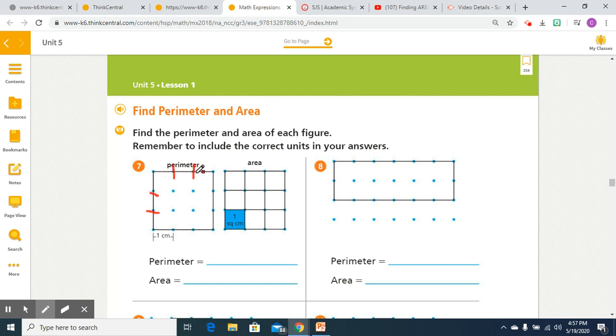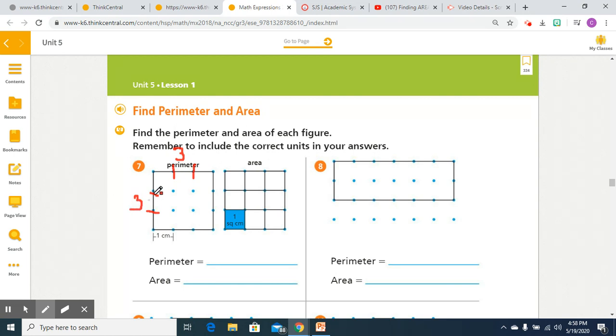So now that I have my tick marks here, I can clearly see I have three spaces here. So the length of this side is 3 centimeters. And on this side also, 1, 2, and 3 is 3 centimeters.